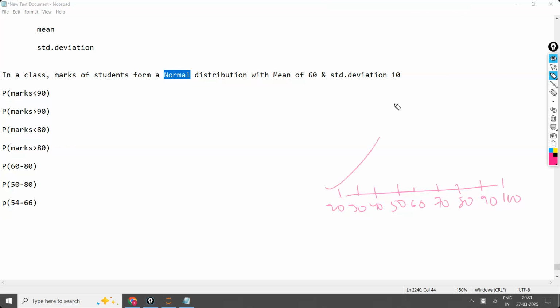Now, this is the normal distribution, and make sure you get the peak exactly at 60. This one should be exactly at 60, and it should form the normal distribution, that is symmetrical. Make sure the diagram is like that.